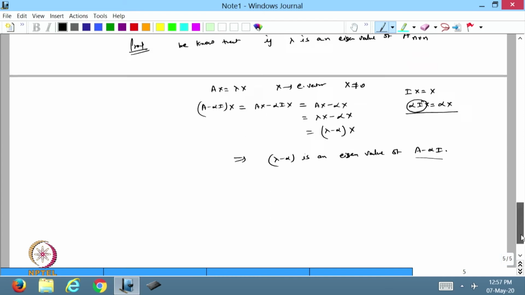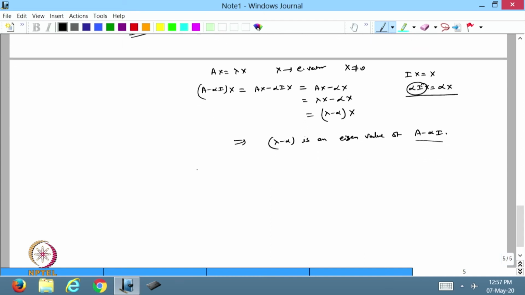Now, what about A minus alpha I inverse? From the previous knowledge we know that A minus alpha I inverse times x will be equal to 1 over lambda minus alpha times x.